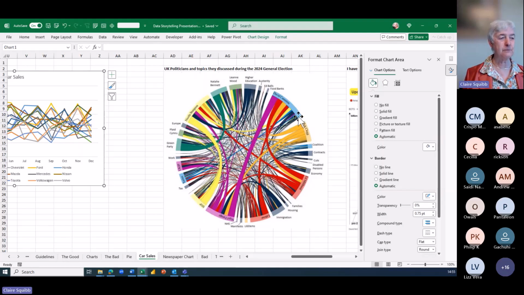This is just about visible, but an awful lot of the people, Nigel Farage talked about David Cameron. Or perhaps David Cameron, no, I think it's Nigel Farage talked about David Cameron. I don't know. I have no idea how this is actually working. It's trying to cram much too much data in. Nobody can actually make sense of it.